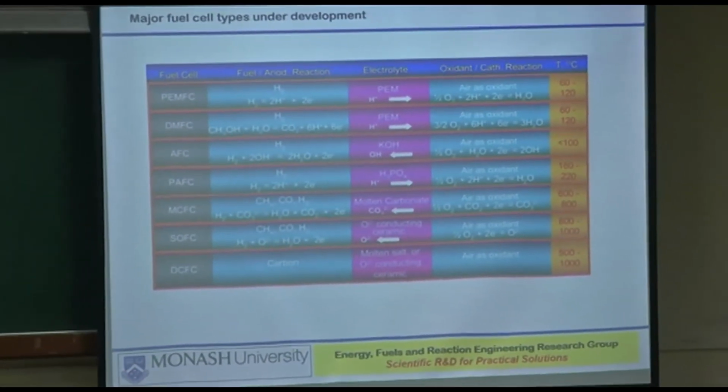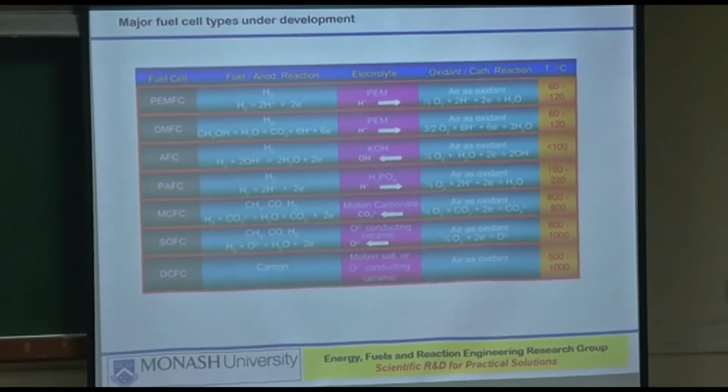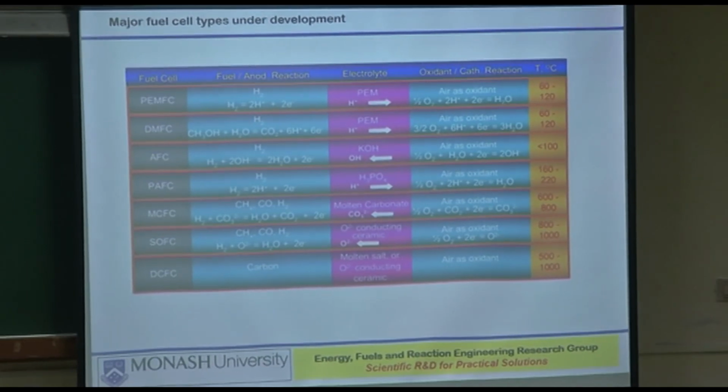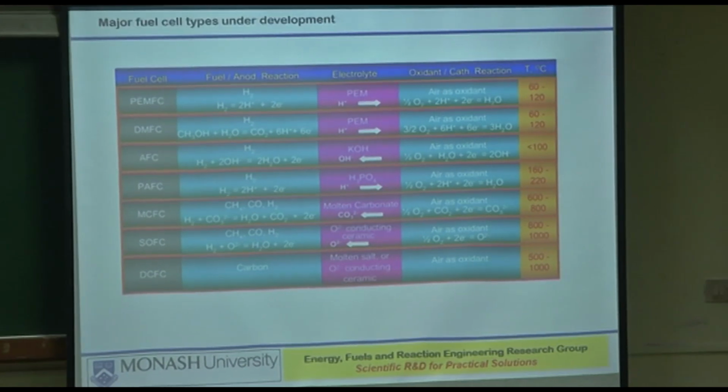They can tolerate a good amount of carbon monoxide, apart from, of course, hydrogen being the major fuel, and of course the hydrocarbons. The important thing is what is the electrolyte, because now the electrolyte is going to see a lot of the polluting species which these ones are not going to see, because these are all going to see predominantly hydrogen. So that's very important.